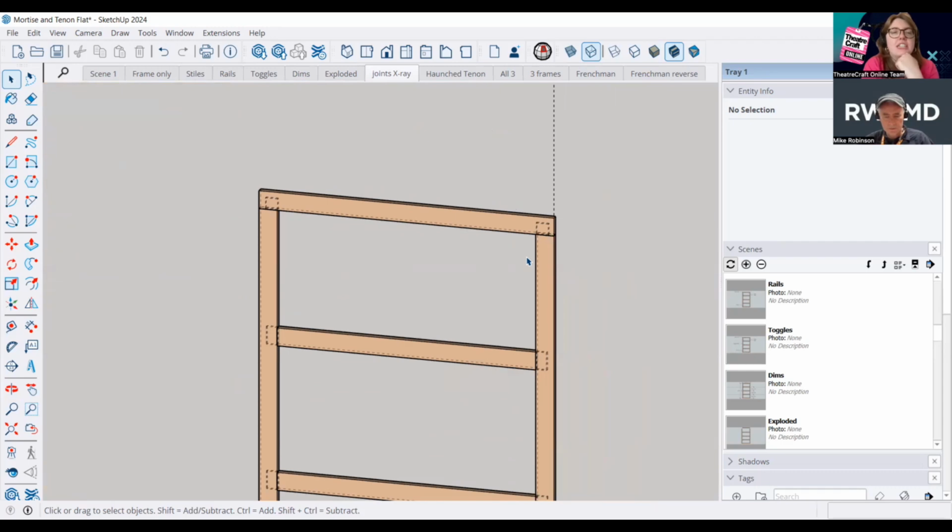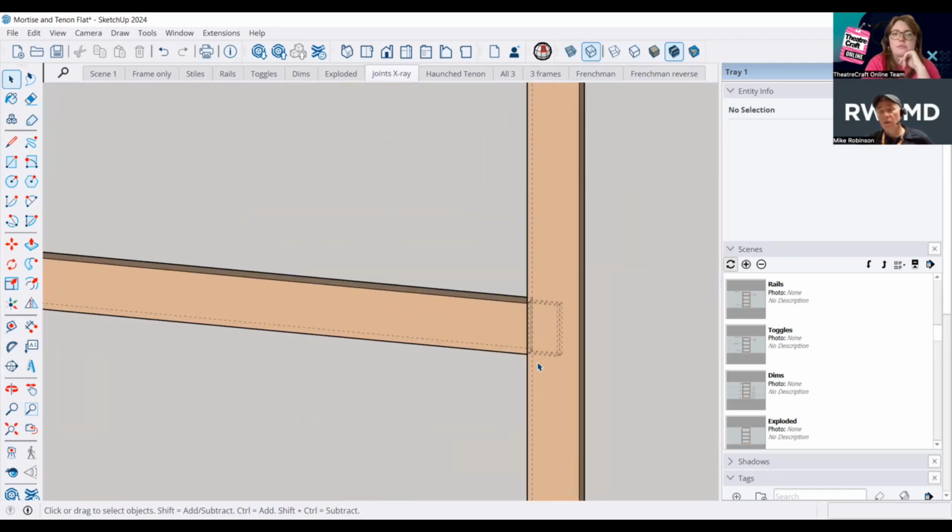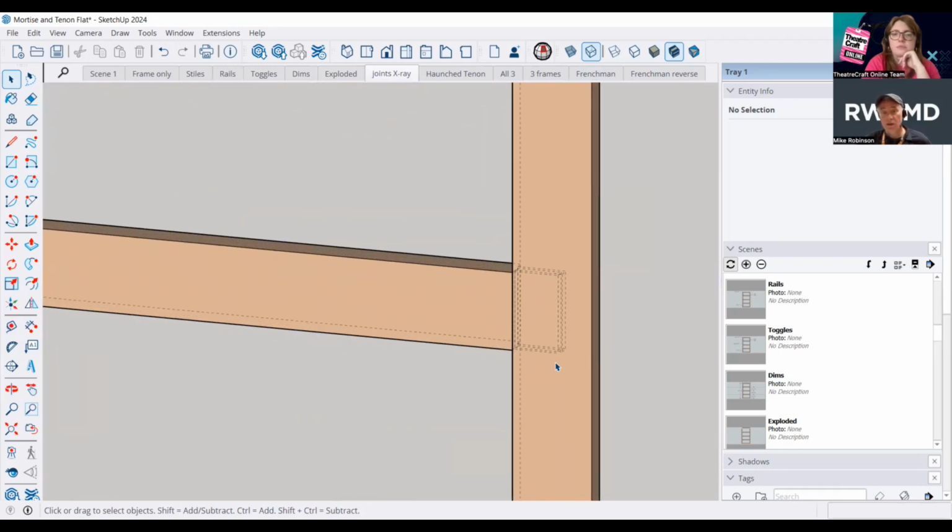One is from Jordan, who says, are they technically stub mortise and tenon since it doesn't go the full way through? Yes, brilliant. We're going to talk a little bit about other tenon and mortises. It is interesting, you're 100% right, technically it's a stub tenon, but I think generally people wouldn't consider that a stub, even though technically you're right because it doesn't go all the way through.